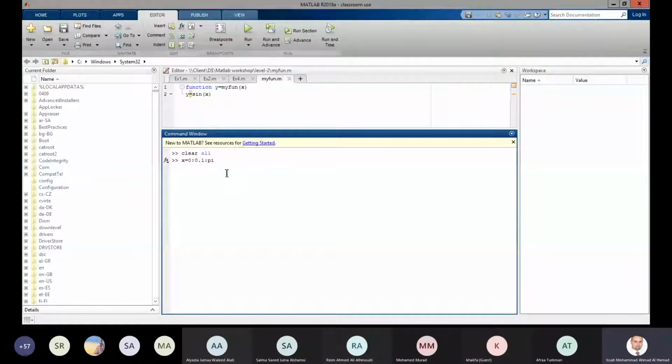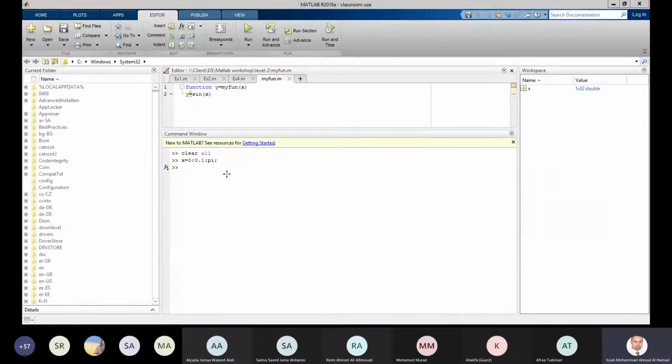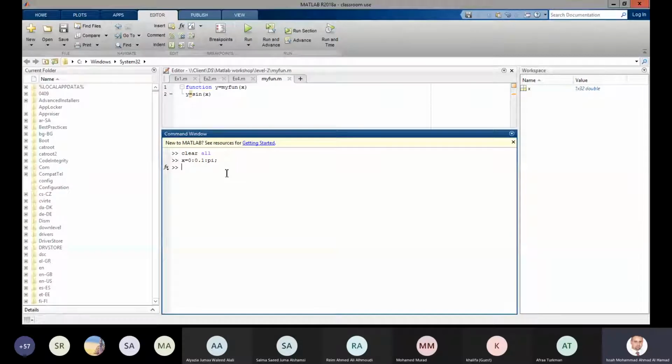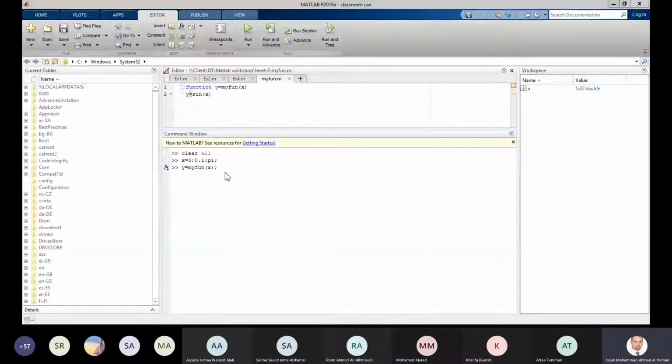I can press enter and suppress it, so it will not take a large space. Now I can recall y equals my fun of x.